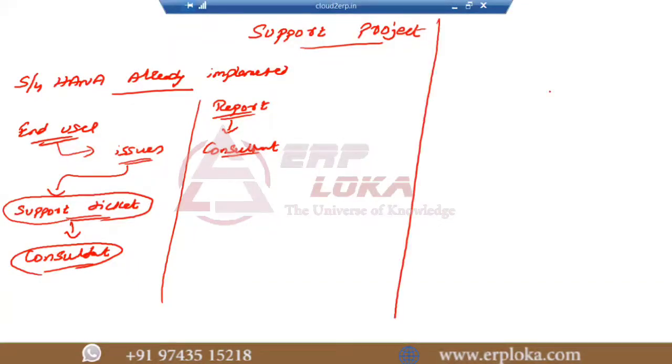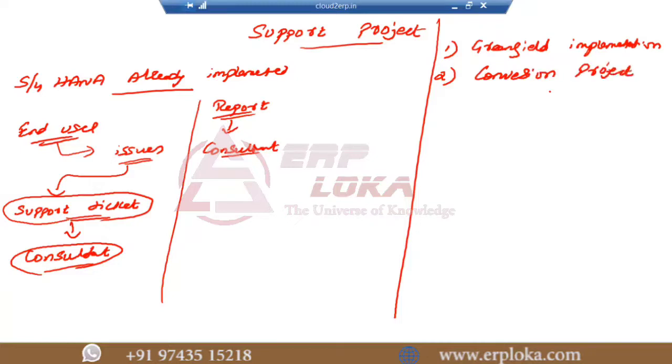So first thing is Greenfield implementation, conversion project. Then we saw the rollout. These three are very important. And support. These four are very important. Support project.